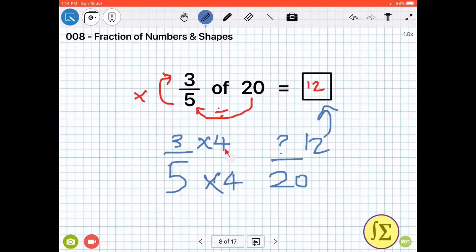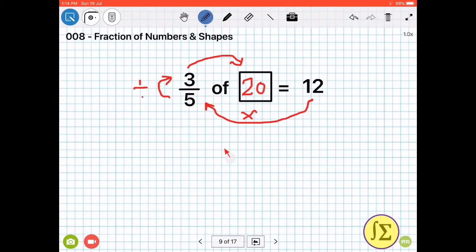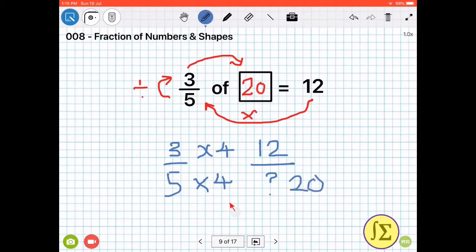So you could use equivalent fractions for the other problems too. Let's look at this. Similar. We write 3 over 5 and we put, we don't know this, 20. So that's the unknown at the bottom, and the numerator for the equivalent fraction is 12. So 3 and 12, the relationship is multiplied by 4. So for equivalent fractions, we also multiply the denominator by 4. You get 20, which is the answer.